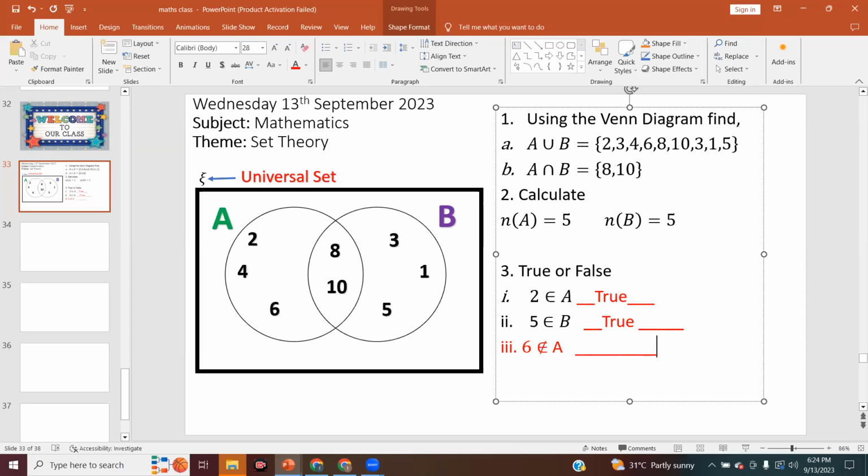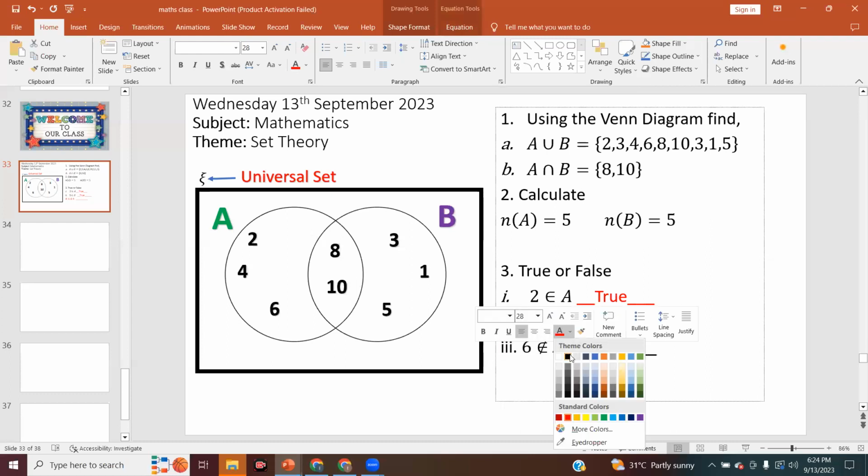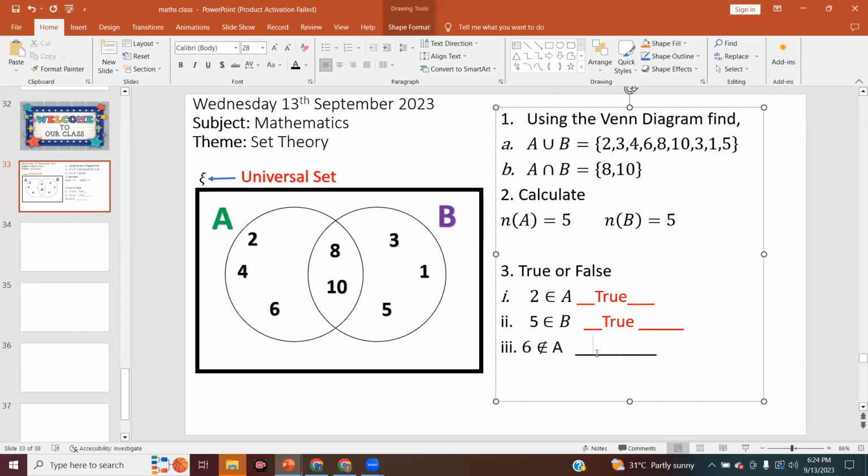This time you don't answer inside the chat, just tell me verbally what you think it is, true or false. 6 is not an element of A. False. False. Someone said false. Well, 6 is here, and 6 is a part of A, so that means that this is going to be false.